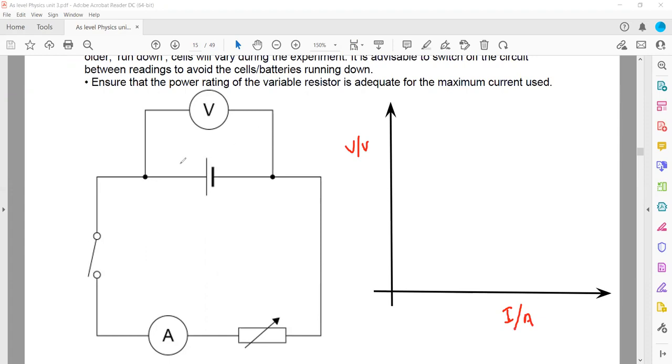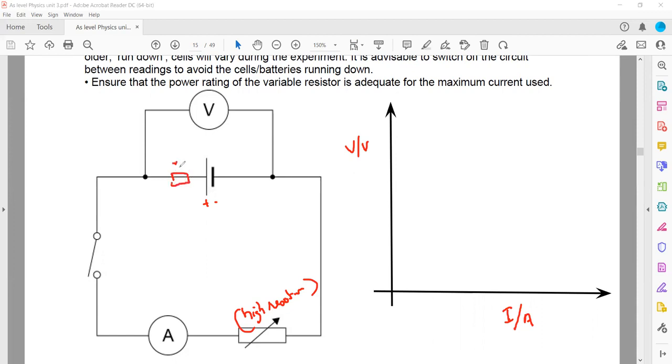Now, when the switch is open, and in the beginning remember that the variable resistor at the start of the experiment has a very high resistance. When the switch is open, there is no current passing through the circuit.